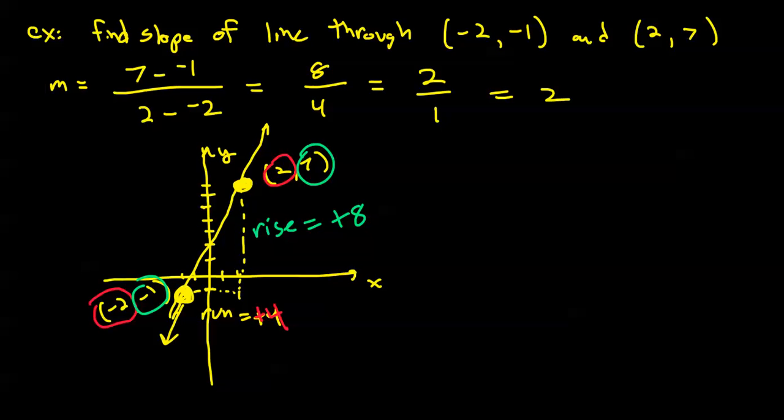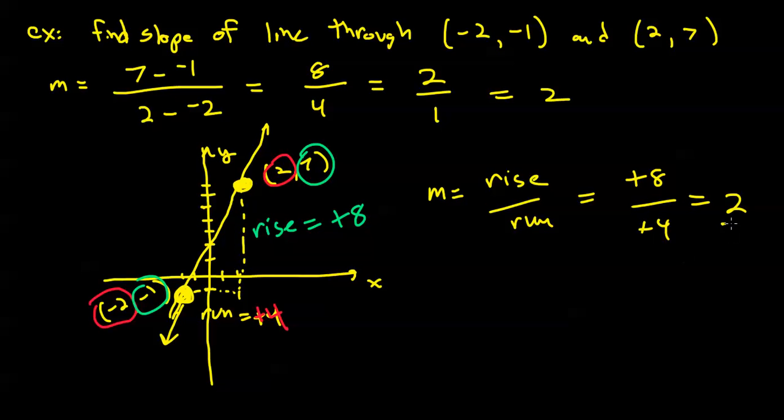All right, so my slope is my rise over run, and that's positive 8 over positive 4, and that's of course 2 over 1, which of course is 2.